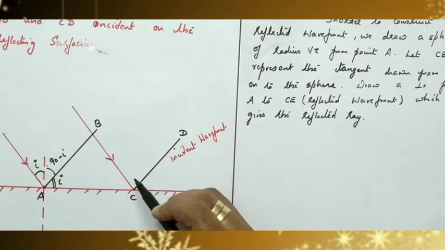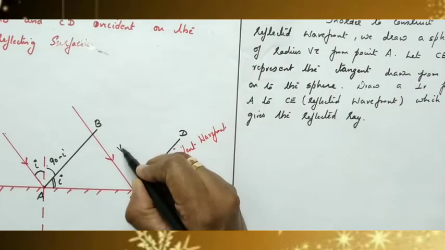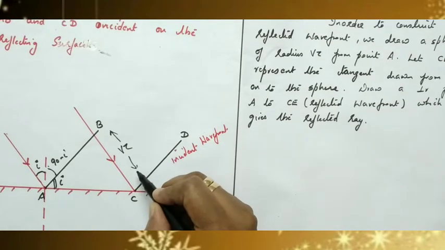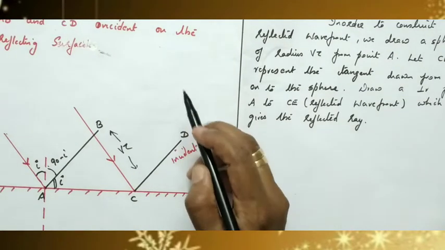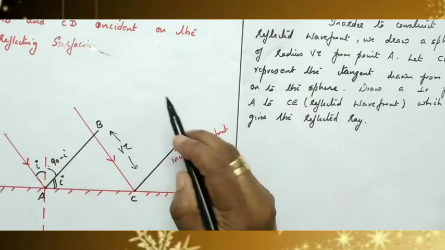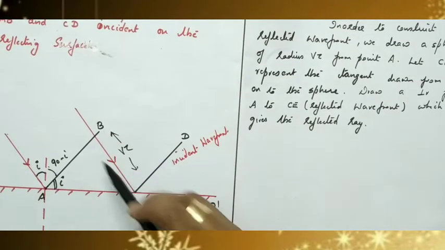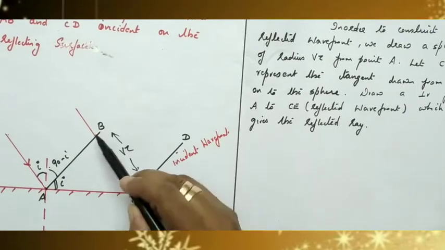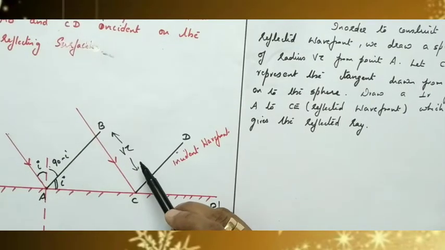What is the distance BC? Velocity is equal to distance by time, so distance is velocity into time. The distance BC is equal to V tau.